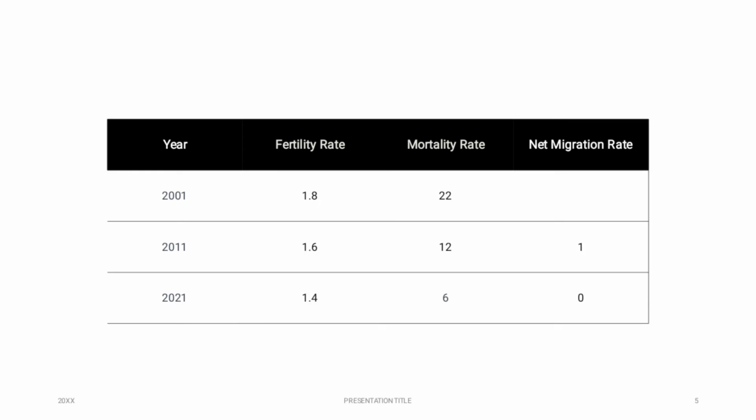So the mortality rate of 22 in the year 2001 declines to 12 in 2011 after a decade, and to 6 in 2021 in another decade. In 2020, the death rate for Thailand was 7.9 per 1,000 people.